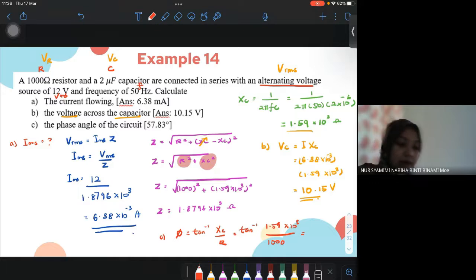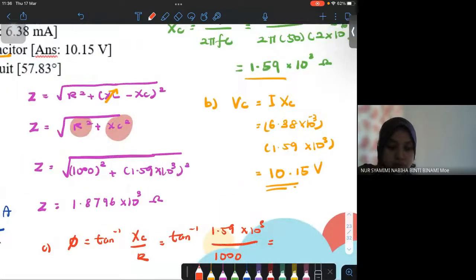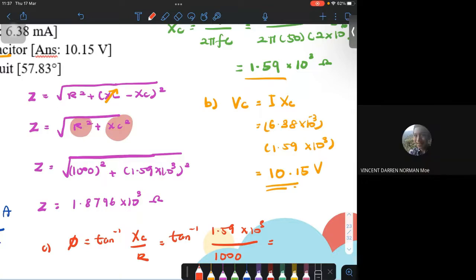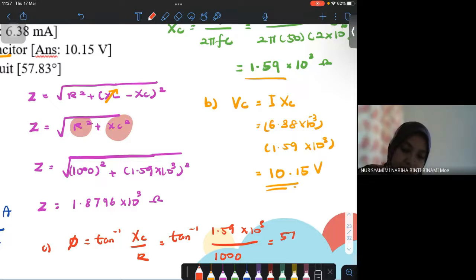Okay, so berapa kan nilai phi yang kita dapat? Berapa? 57.83 degree. 57.83 degree. Yes, very good.